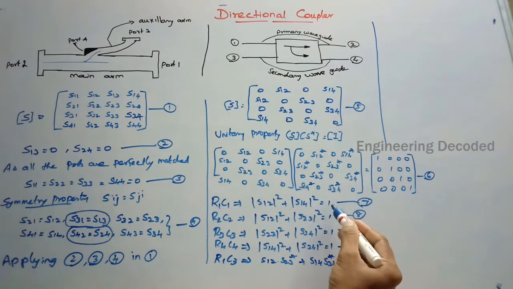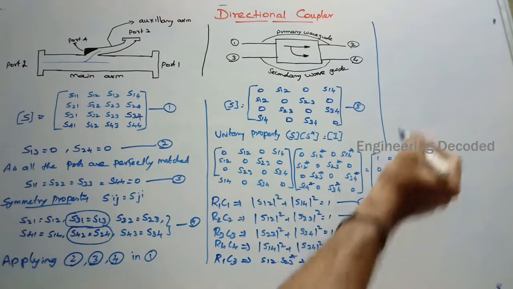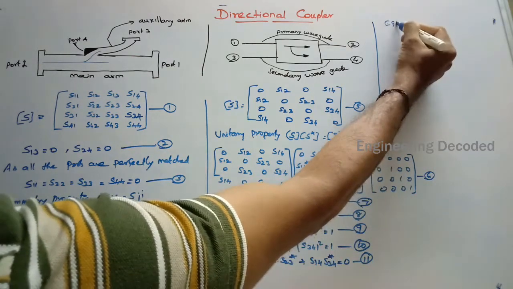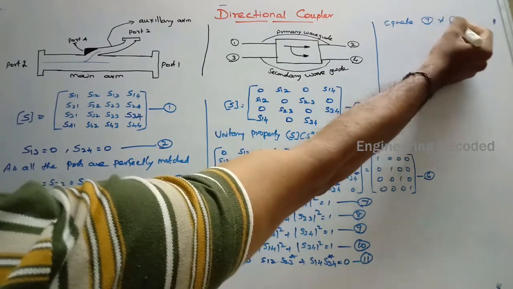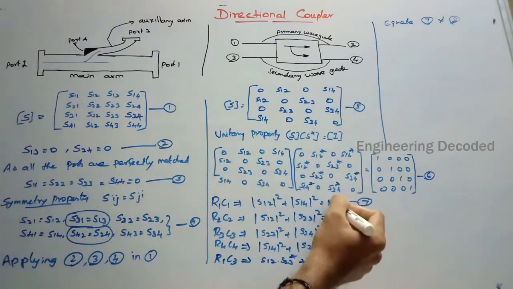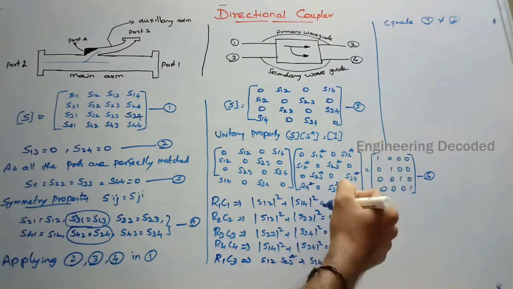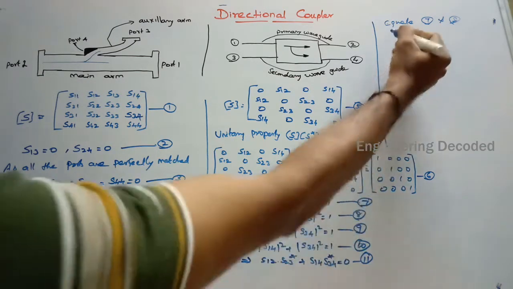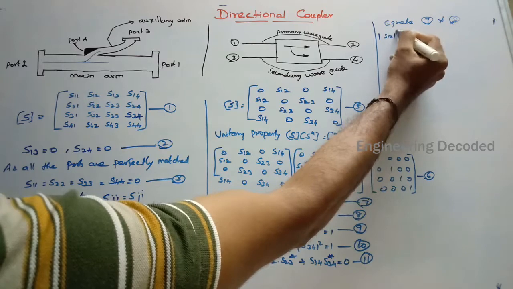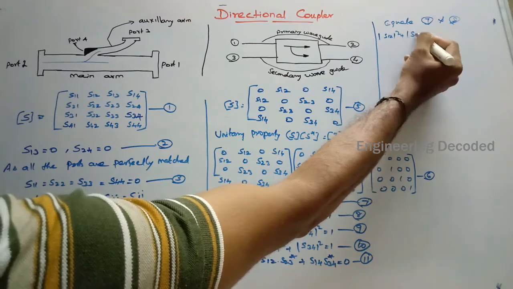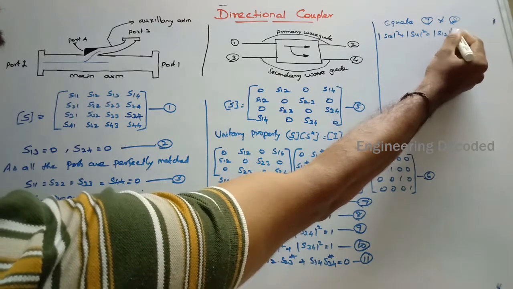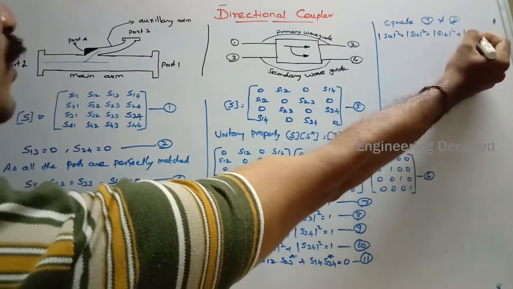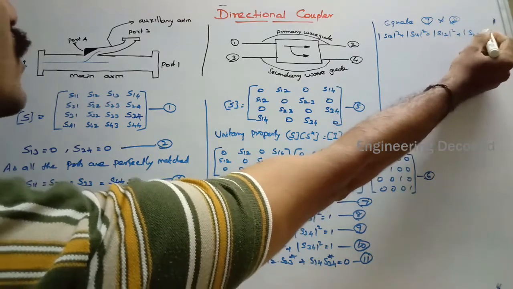Now we can equate 7 and 8. For 7 and 8 the right hand side is the same, so the left hand side will also be the same. So modulus of S12 square plus modulus of S14 square is equal to modulus of S12 square plus modulus of S23 square.